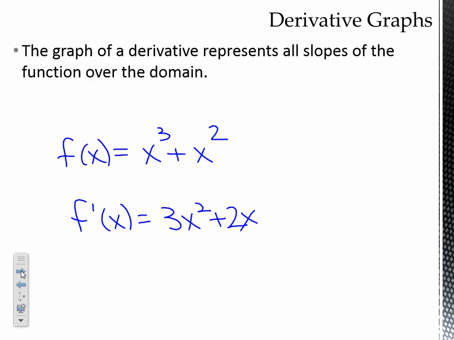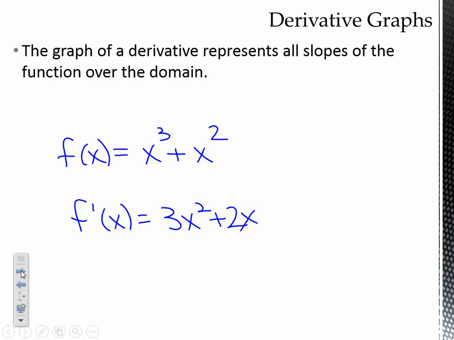Your derivative will be a function, but it's not always going to be a line. There's going to be a relationship that we'll talk about later. Our problem of the day was an individual tangent line, where we found the derivative and evaluated at one point.